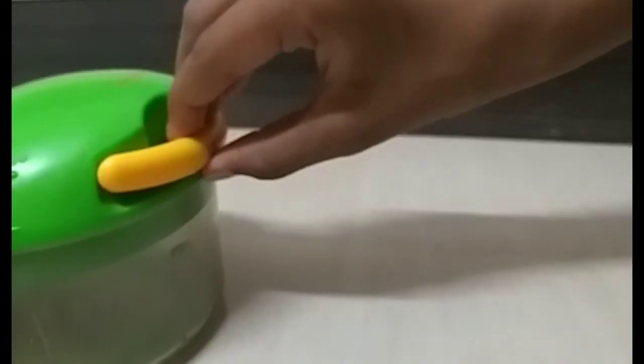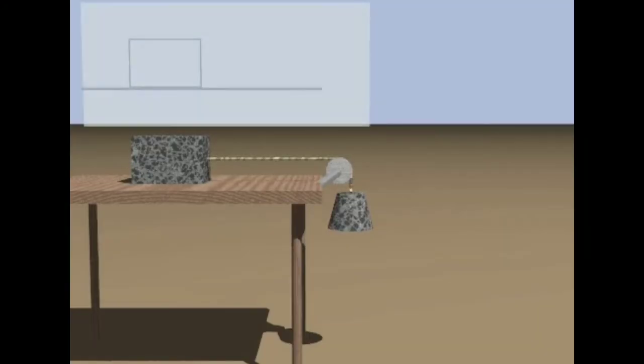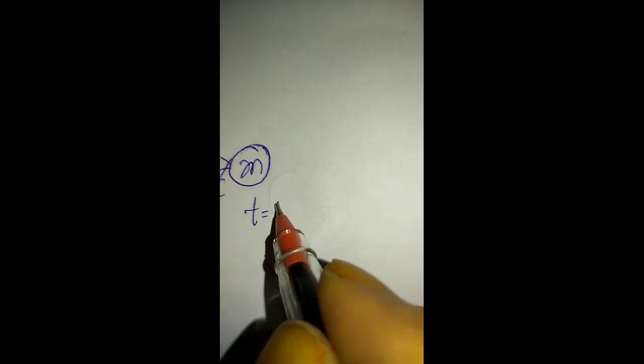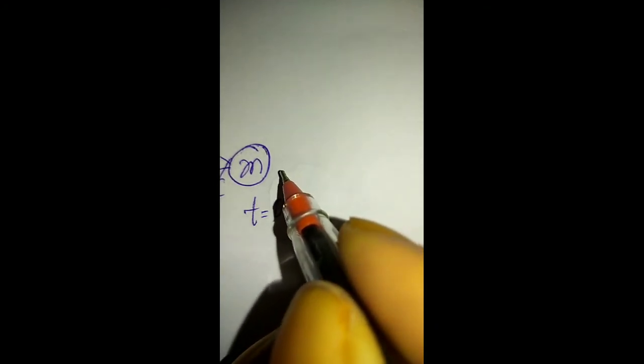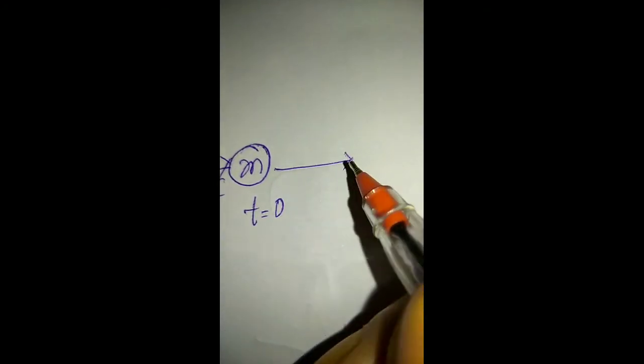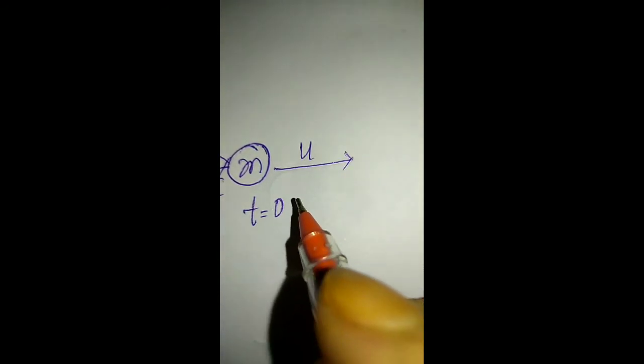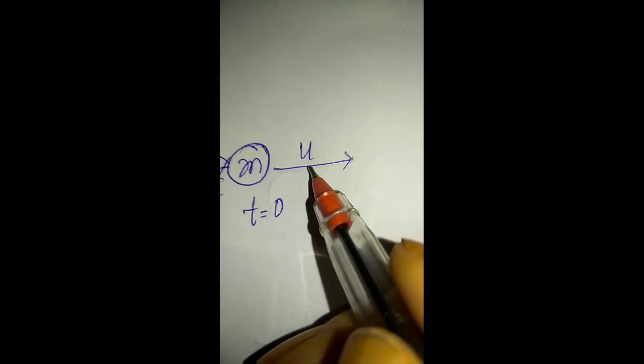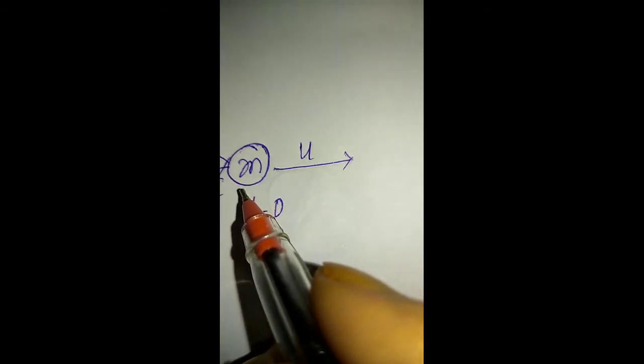Suppose a body is moving with mass m, and the applied force is F. At time t equals 0, its initial velocity is u and its mass is m.